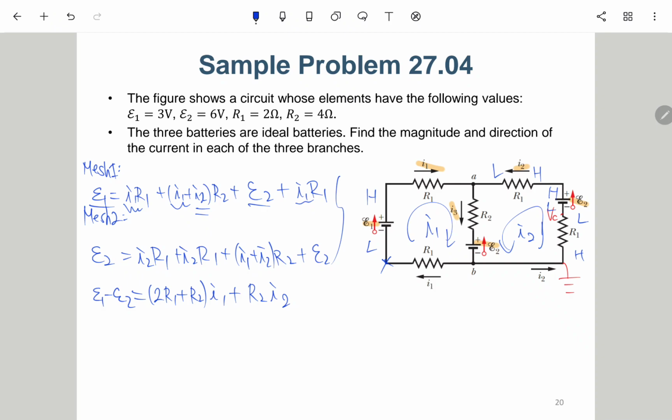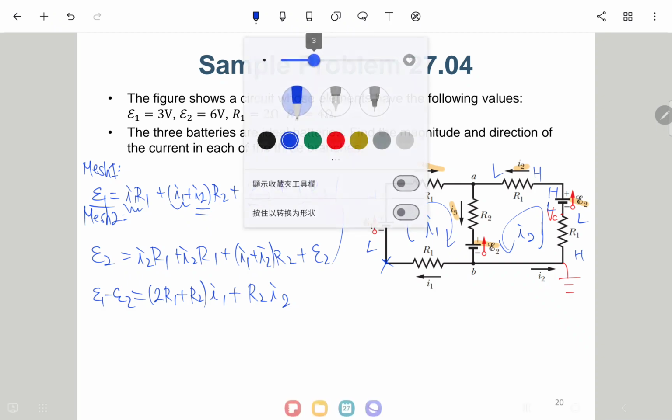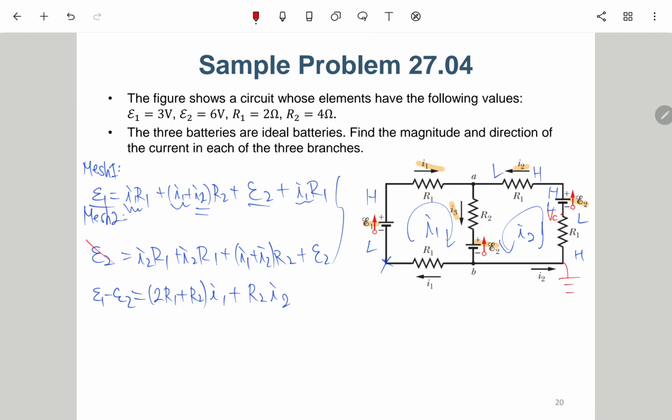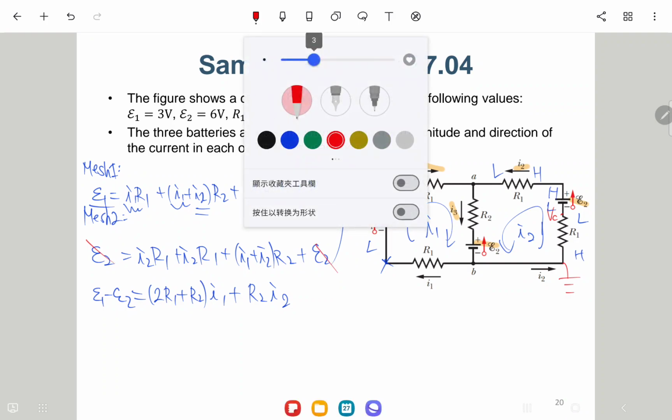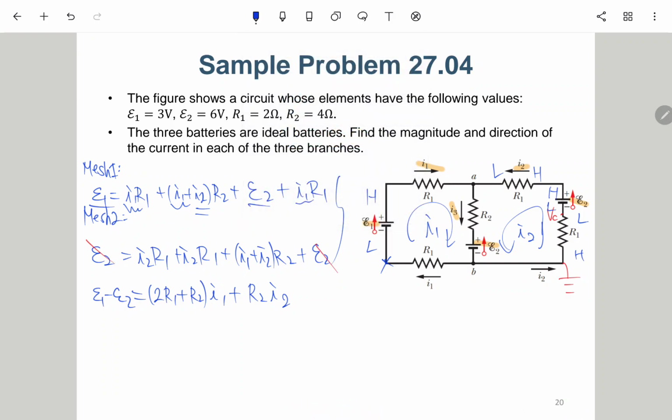And then for the second one, we can simply cancel E2 on both sides, and then we have R2 I1 plus 2R1 plus R2 I2 equals 0.